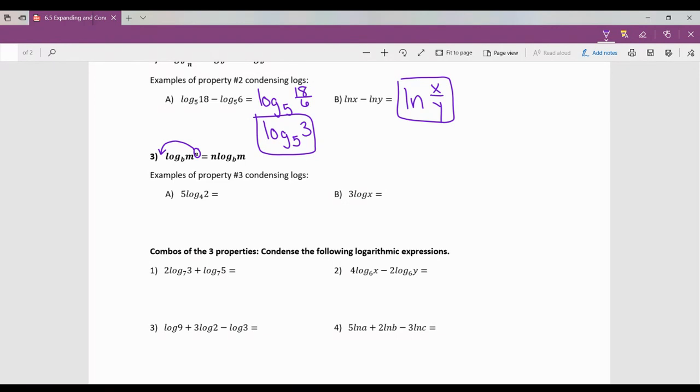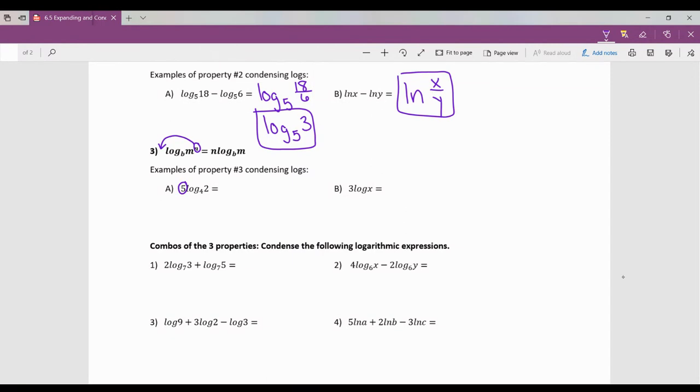Likewise for A, I have this number out in front, so I can work backwards and say that number goes up to the exponent. I can move the exponent down in front or the number in front up to the exponent. So it's going to be log base 4 of 2 raised to the 5th.